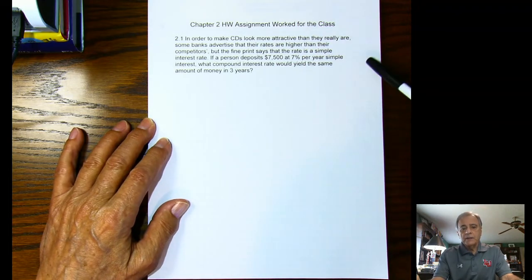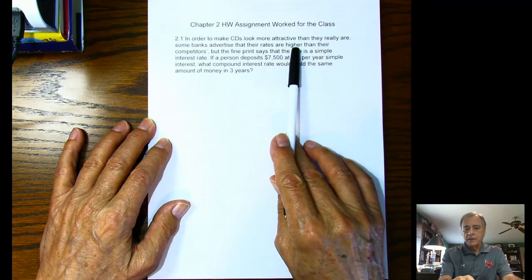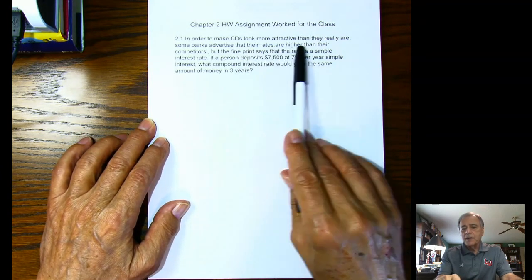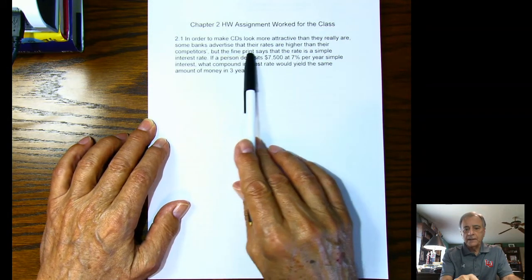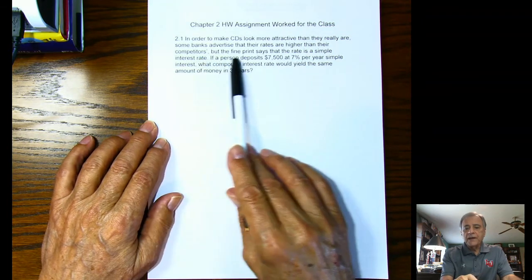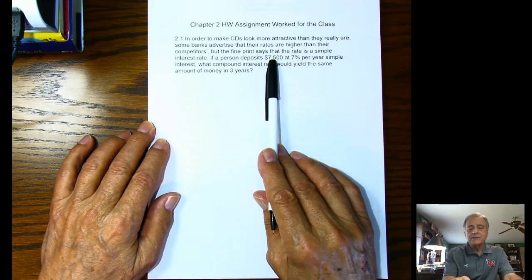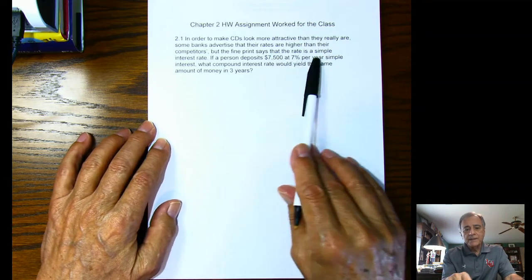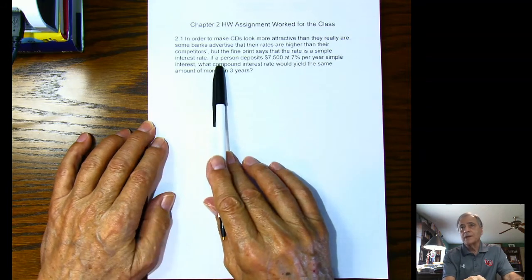So in order to make CDs look more attractive, that's certificates of deposit from a bank, some banks advertise that their rates are higher than their competitors. But the fine print says, and on these kinds of contracts you always want to look at the fine print, that the rate is a simple interest rate, whereas maybe their competitors' is compound interest.